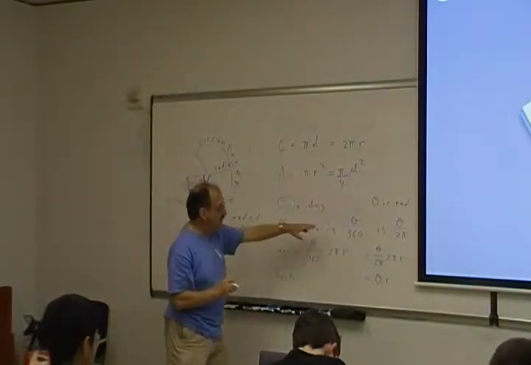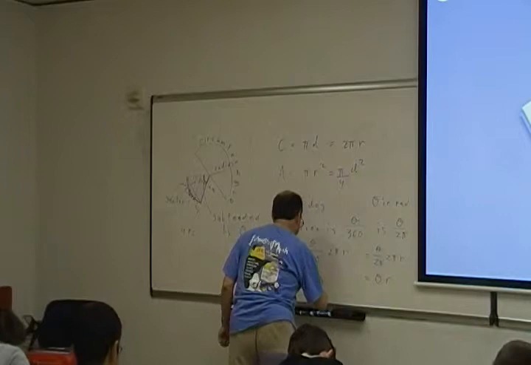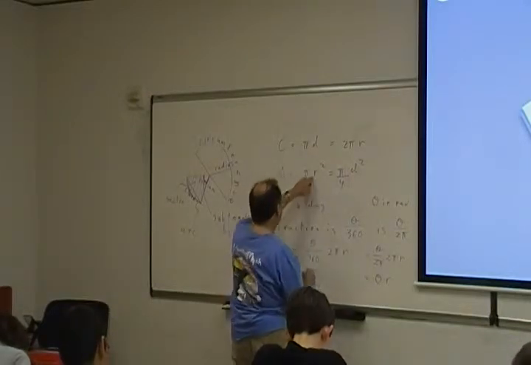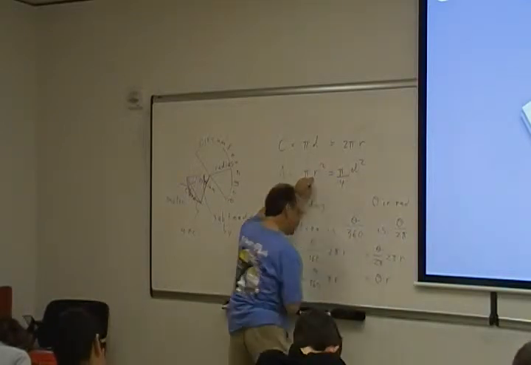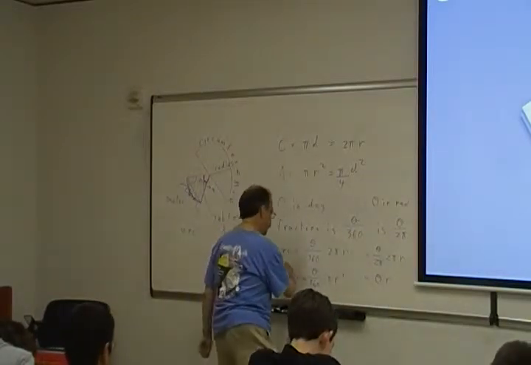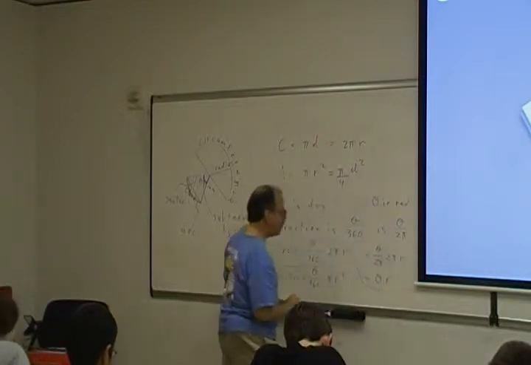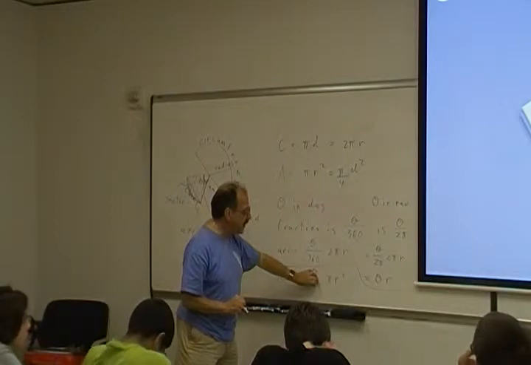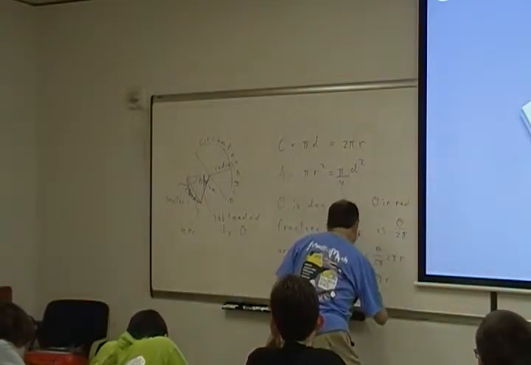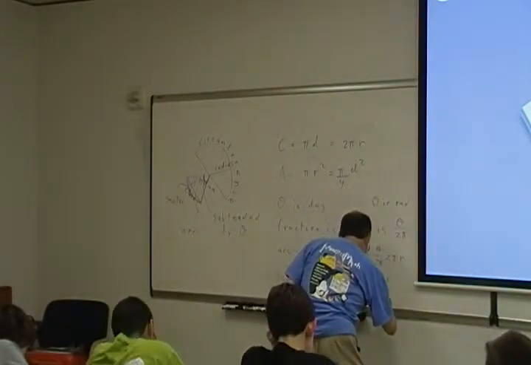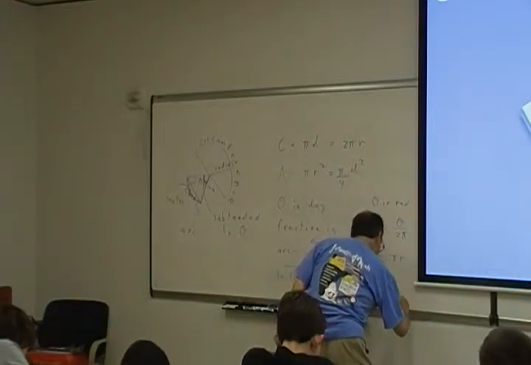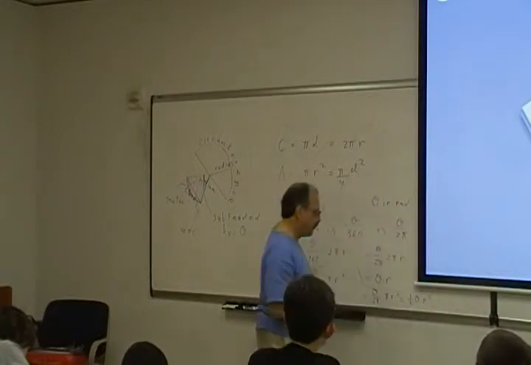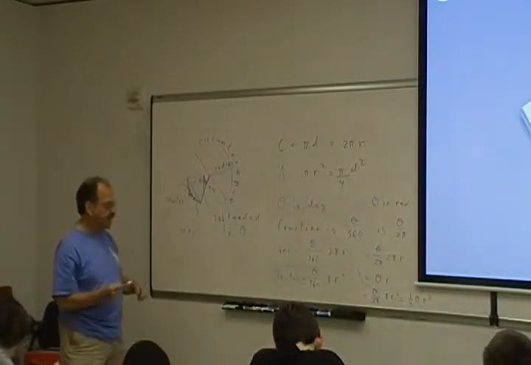If you use degrees, then the sector has area theta over 360 times pi r squared. If we use radians, then we replace this with theta over 2 pi times pi r squared, and we get 1/2 theta r squared for the area of the sector.